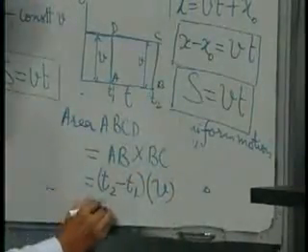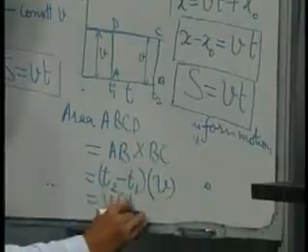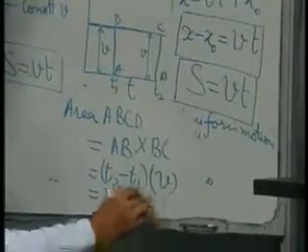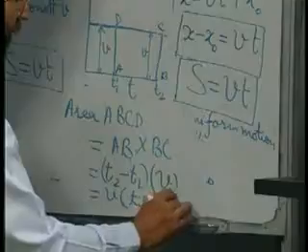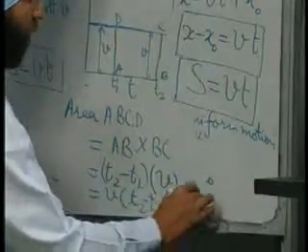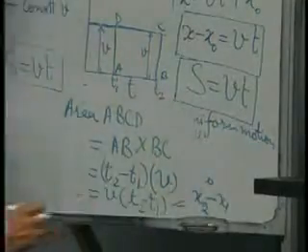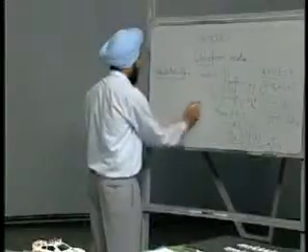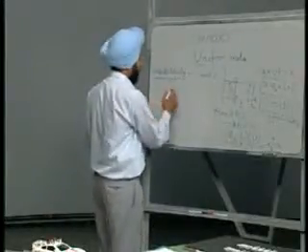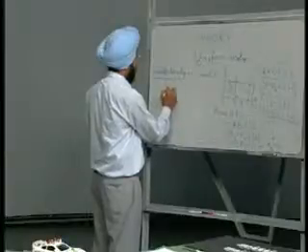So, this is V into T2 minus T1. What is this? This is equal to x2 minus x1. Now, what is x2 minus x1? x2 minus x1 is displacement.